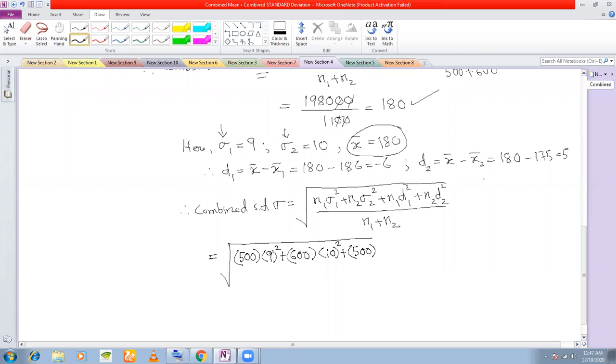D1 here is minus 6, plus n2 is 600 and d2 is 5 square, divided by n1 plus n2, 500 plus 600. Okay, that's it.